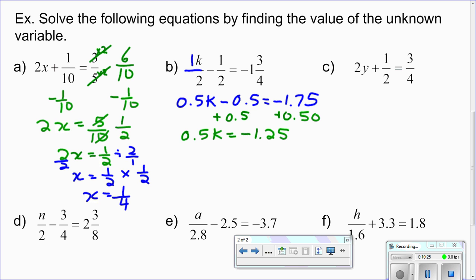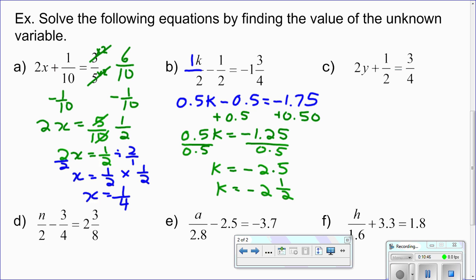And then divide by 0.5 on both sides. So k equals negative 2.5. If we wanted to put it back into a fraction, k equals negative 2 and a half, because 0.5 is half. So that's how we could solve as a decimal.